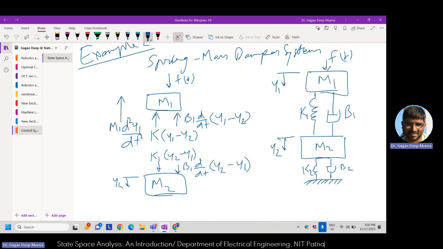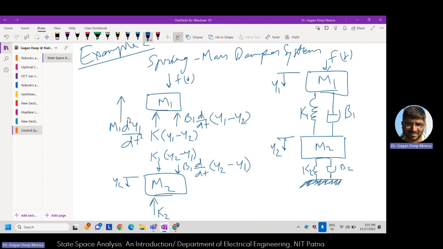The reaction forces on the mass m2, by the application of the forces from k1 and b1, will be k2. There is no further mass attached after m2, so it's a dead end in this case.